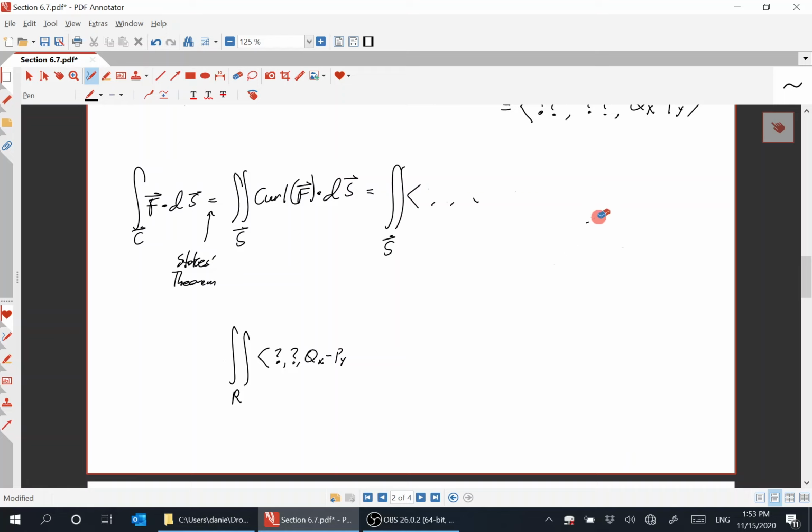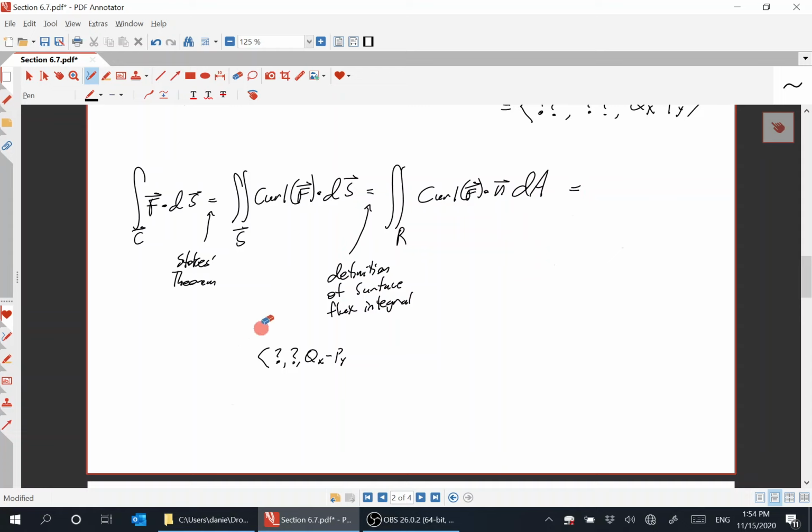Actually, let me, I don't like the way it's looking now. So, by the definition of surface flux integral, this is the curl of f vector field dot unit normal vector in dA, where dA is over the range for x and y.